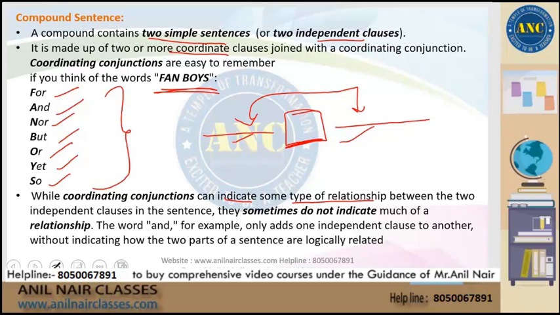And in some cases, they may not indicate much of a relationship between two sentences, especially the coordinating conjunction and. It only adds one independent clause to another, but it does not give a relationship between both the sentences. It's only connecting two sentences that are logically related.